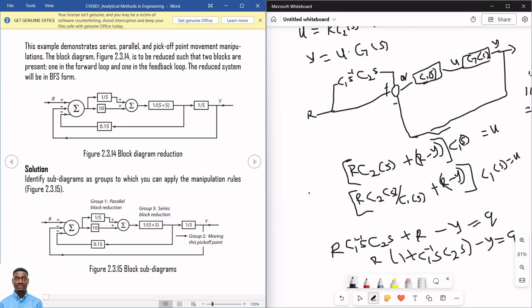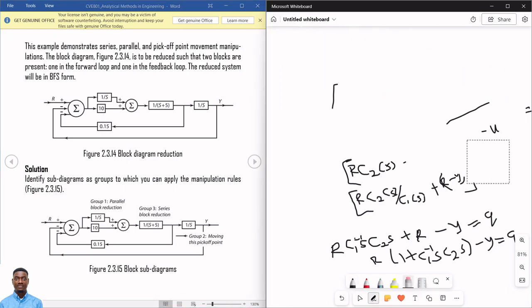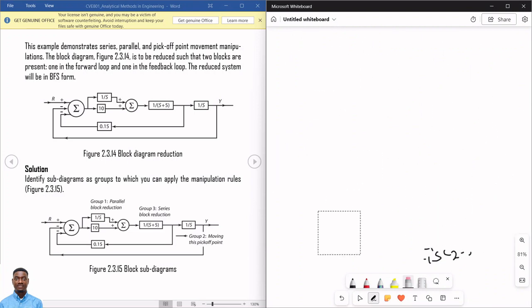So this plus this. Let me rub this side of my whiteboard so that you can see what will be done. So that will be 1 over S plus 10, because this is parallel. So the equivalent block will be 1 plus 10 over S for these two, right?